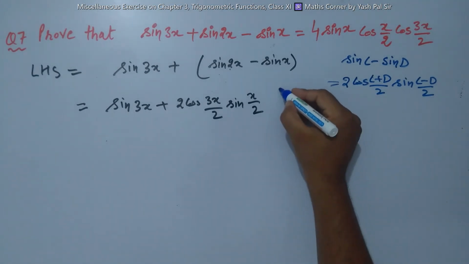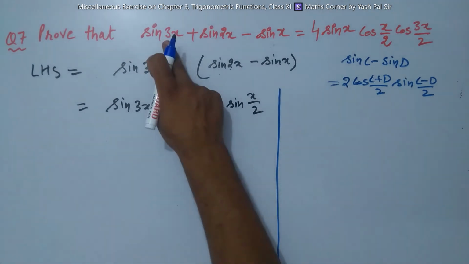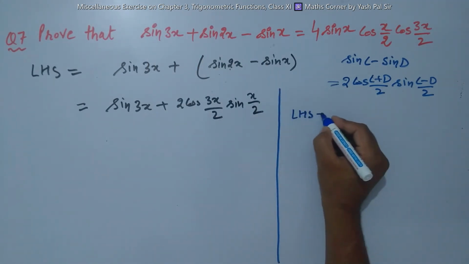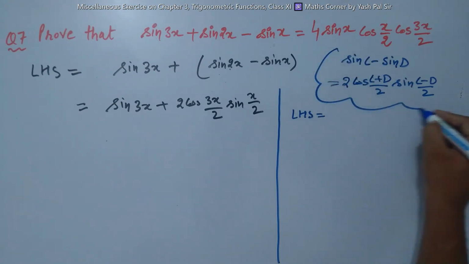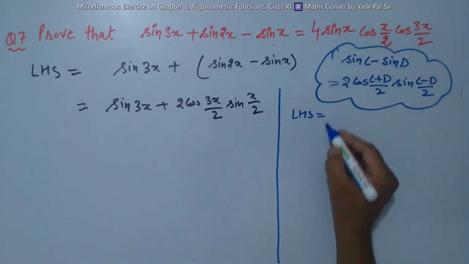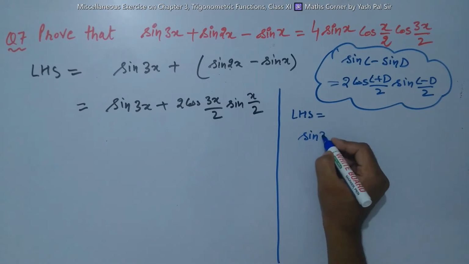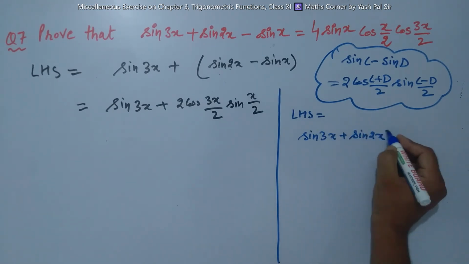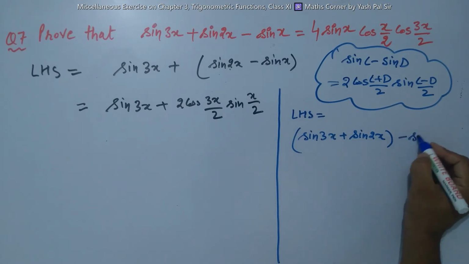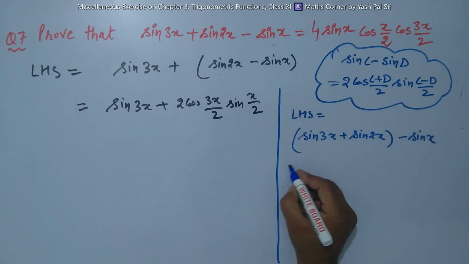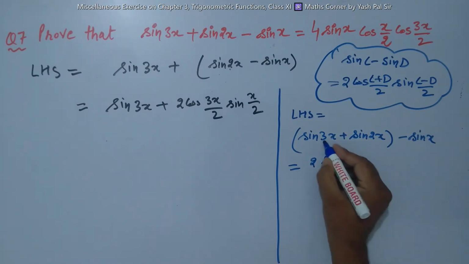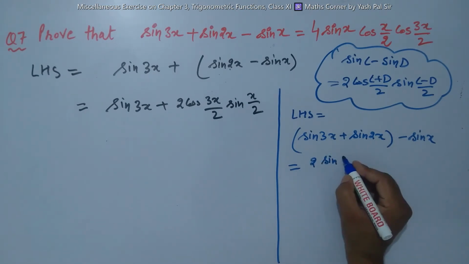So side by side what we do, we also make the pairs. Left hand side is equal to sin of 3x plus sin of 2x minus sin of x, which becomes 2 sin (3 plus 2)/2.